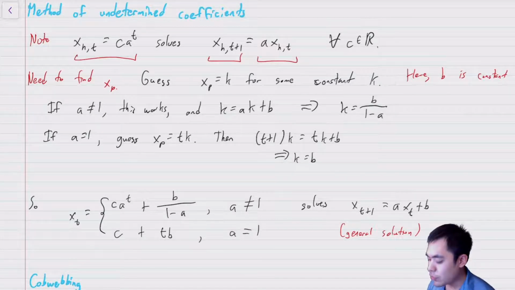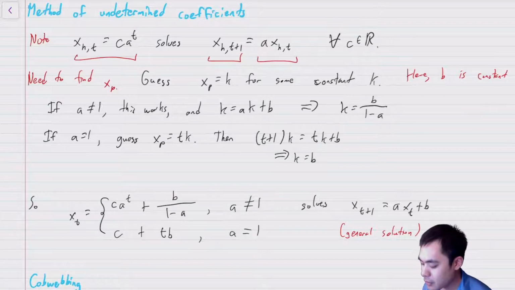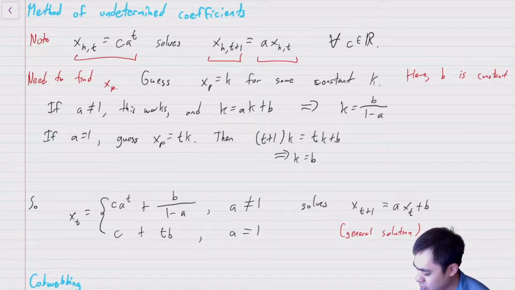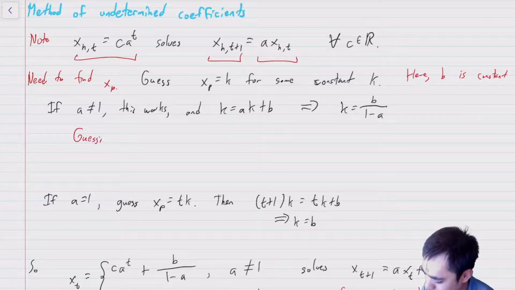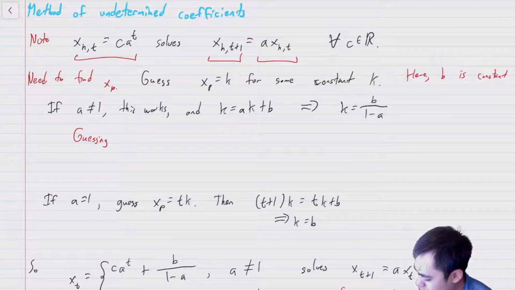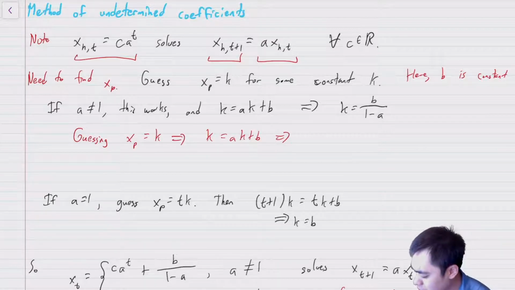And indeed, when we guess some constant k, that x sub p is equal to k, we plug that in, and we end up getting k is equal to ak plus b, which you can rewrite as k is equal to b over 1 minus a.